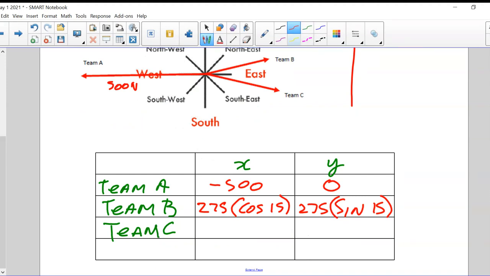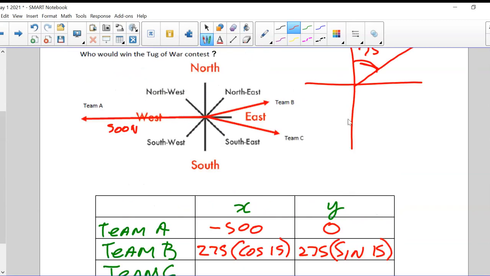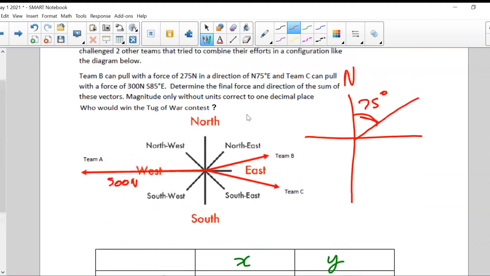Okay. Team C now. Let me remind you what that position is. This says south 85 east. South 85 east means I'm 85 degrees east of south. That's 85 degrees right there. Right?